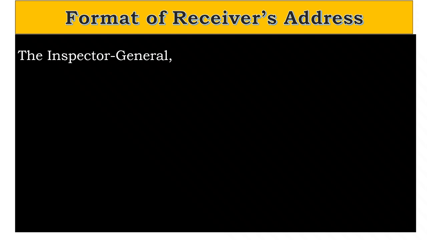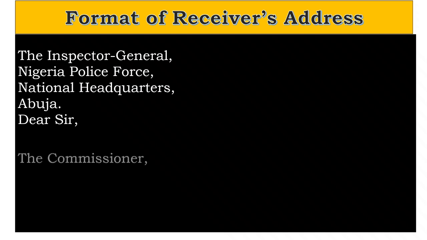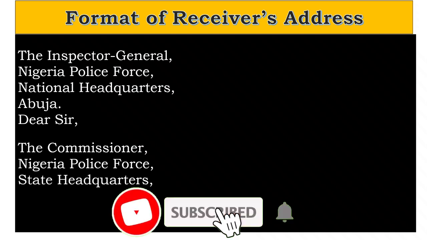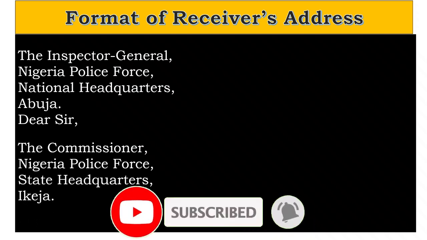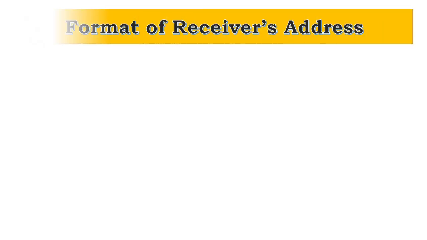So write the Inspector General of Police, followed by Nigerian Police Force and National Headquarters, Abuja. Then write dear sir. If you're writing to the Commissioner of Police, the Commissioner, Nigerian Police Force, State Headquarters, let's say Ikeja. You can put your own state capital there. Then you write the salutation, dear sir.